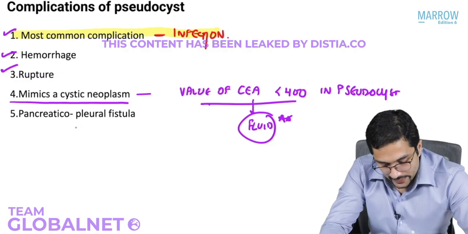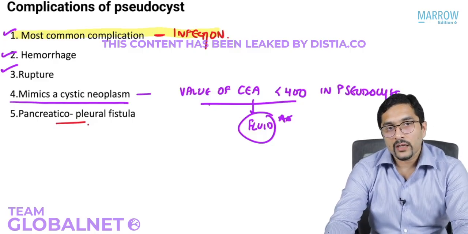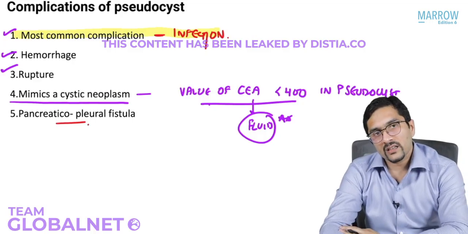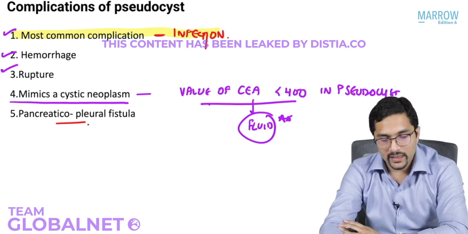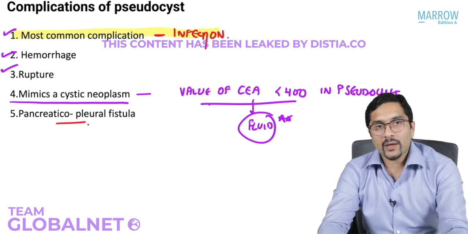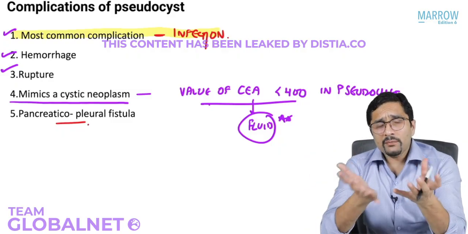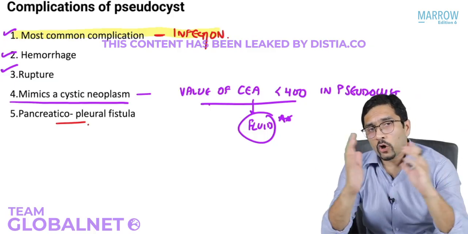Finally, there can be a pancreatico-pleural fistula which can also form, and that can give rise to pleural effusion. And in these patients also we have to stent the main pancreatic duct, right? Because the fistula is usually forming because there is communication with the main pancreatic duct, and that main pancreatic duct has to be stented.